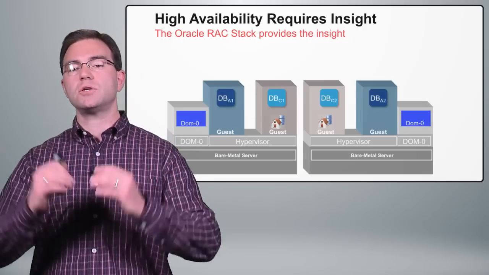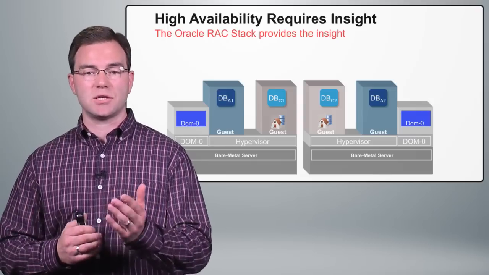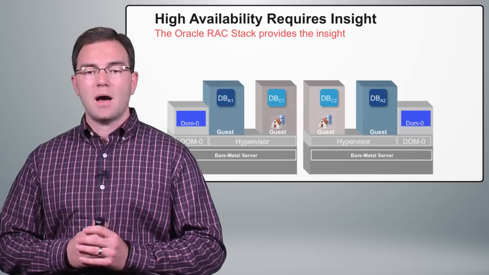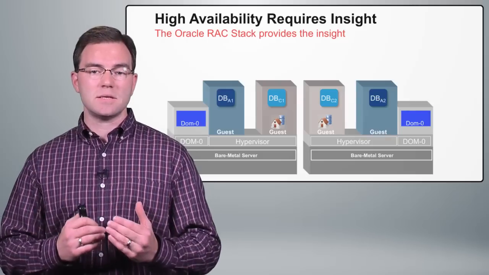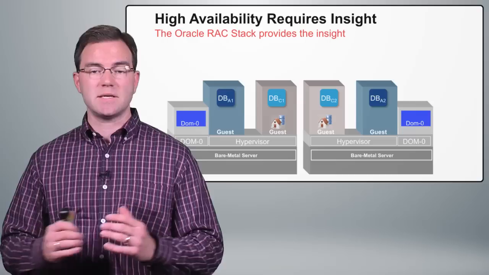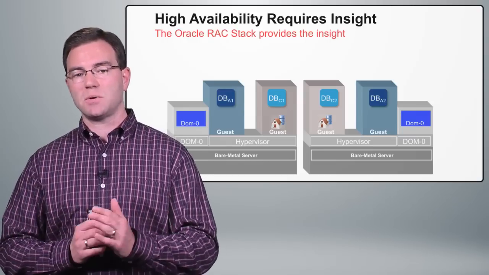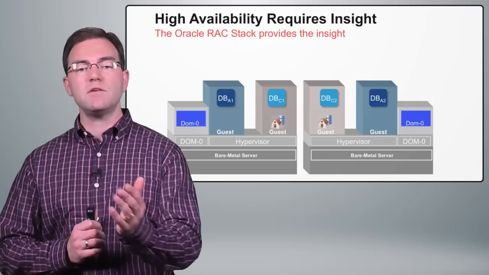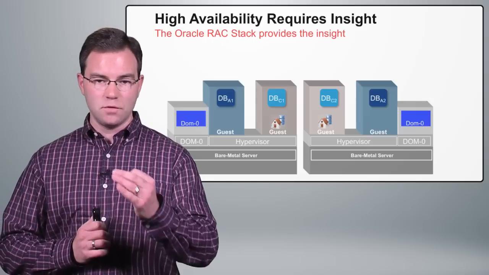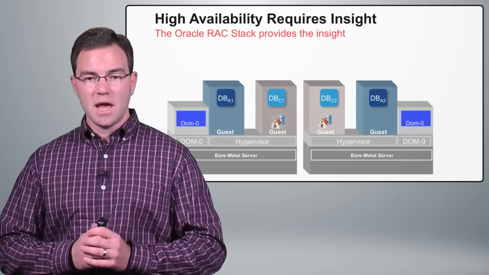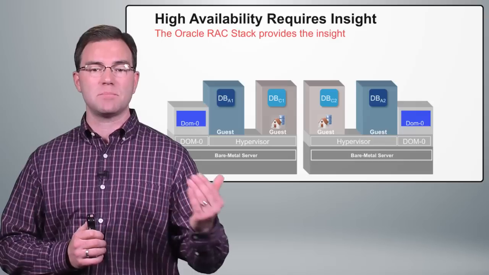If I look at a virtual environment and I deploy a database such as here, I can still see the necessity for using a RAC database, which is what I'm actually using here. So just to give you an explanation of the graphics, I still have my two physical bare metal servers, and I've deployed two guest pairs.